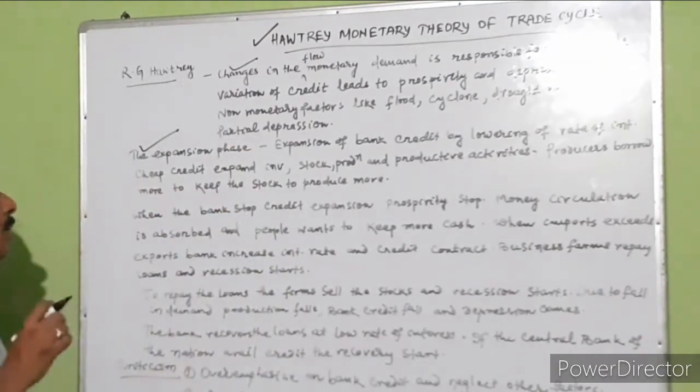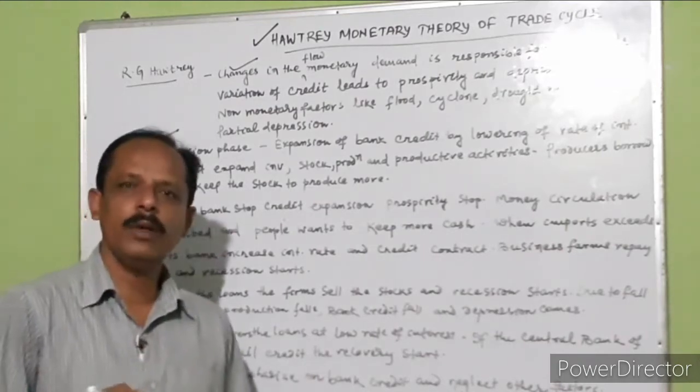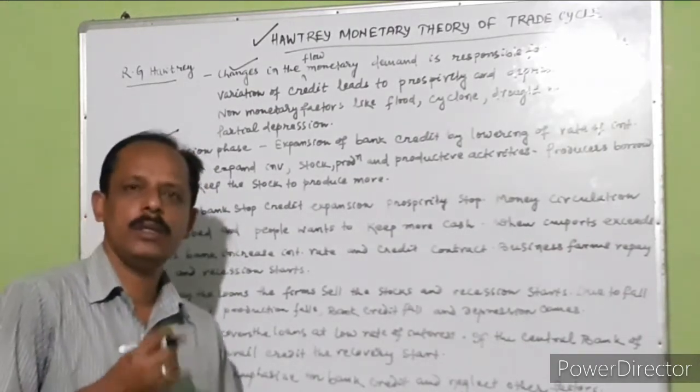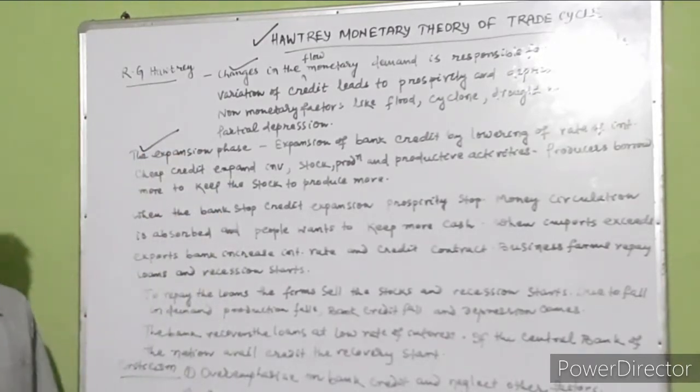With cheap credit, investment expands, stock expands, production expands, and the productive activities of business firms expand. Producers borrow more to increase their stock, because there is better demand for the product in the economy due to expansion of credit.